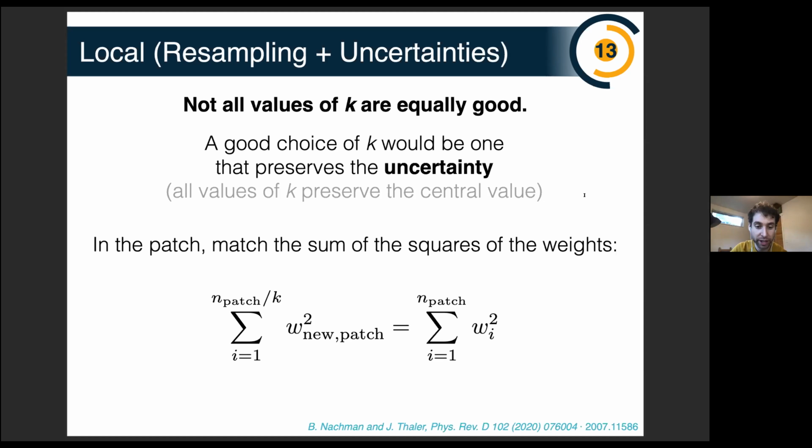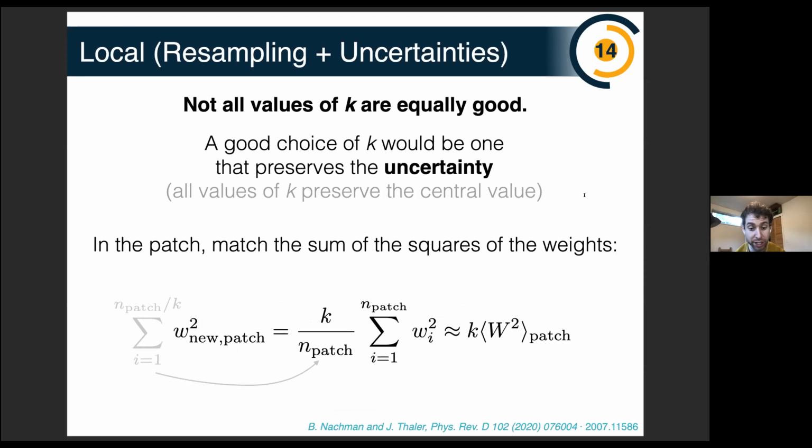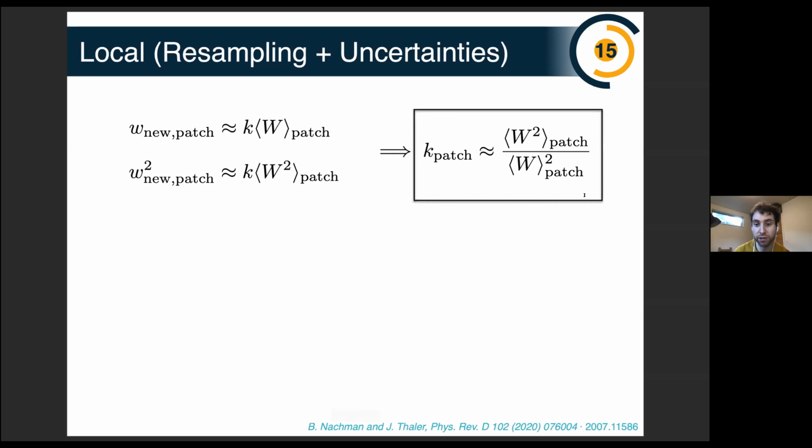You can take this equation and do some simple manipulation, and you can show that the squared weight in the patch should be about K times the average value of the weight squared, which is very simple arithmetic. That gives us two equations, which is what you might expect. One sets the cross section, to get the cross section right, and the second gets the sum of the squares of the weights right, and that basically tells us what K should be.